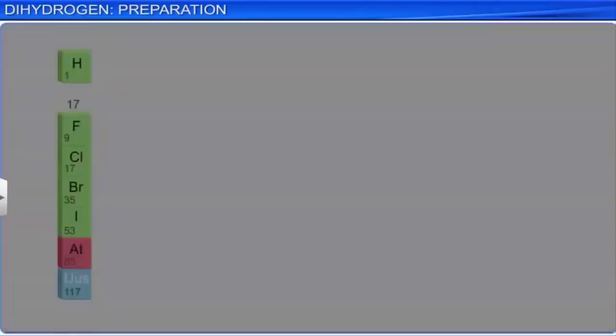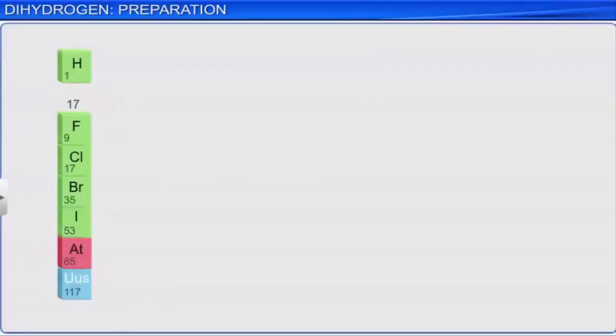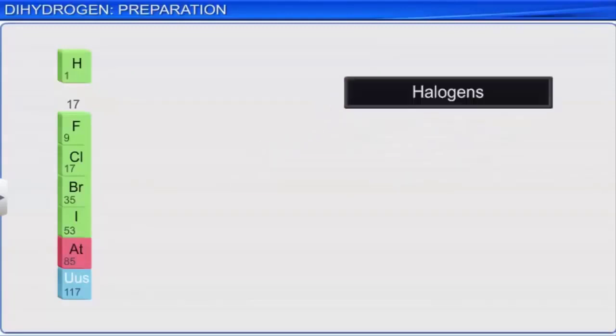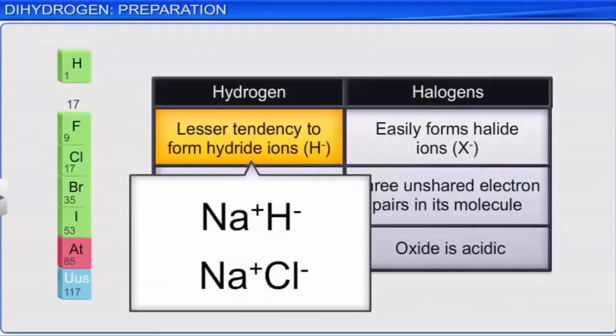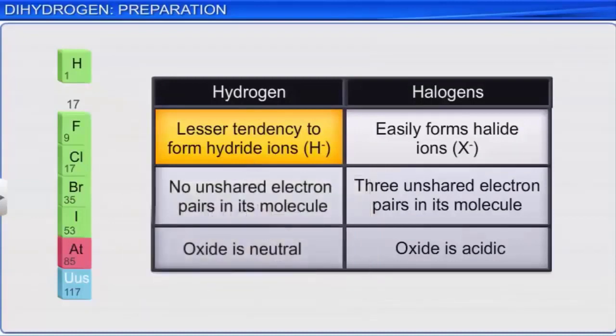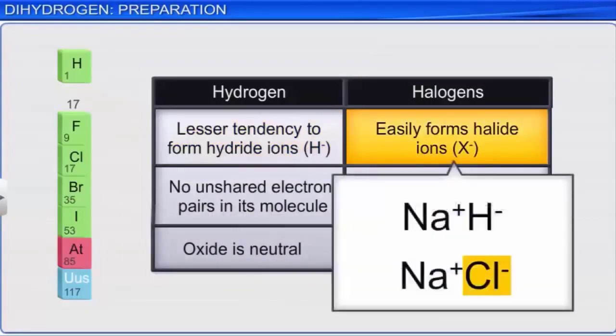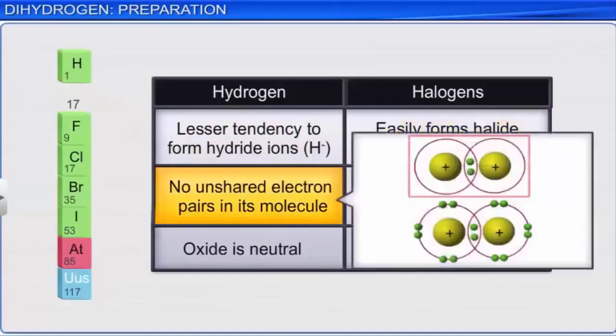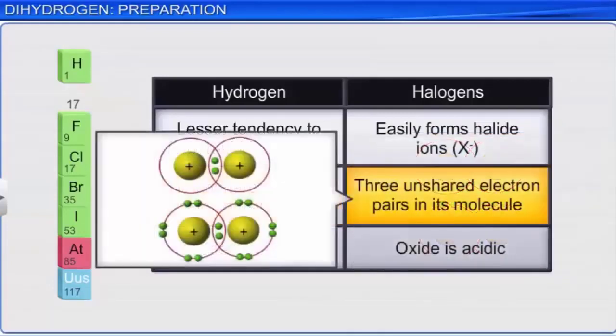For example, unlike halogens, hydrogen has less tendency to take up an electron to form a hydride ion, whereas halogens form halide ions very easily. In a hydrogen molecule, atoms do not possess any unshared electron pairs, whereas in halogen molecules, every atom has 3 pairs of unshared electrons.